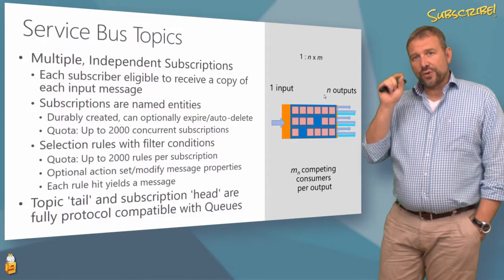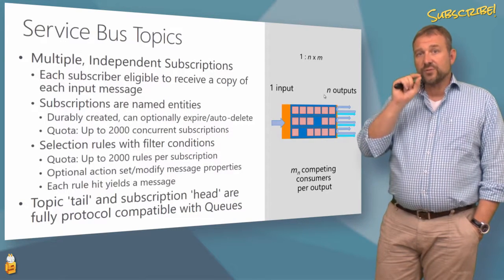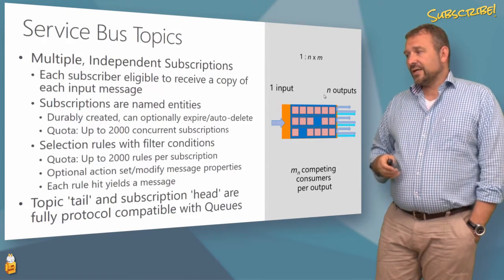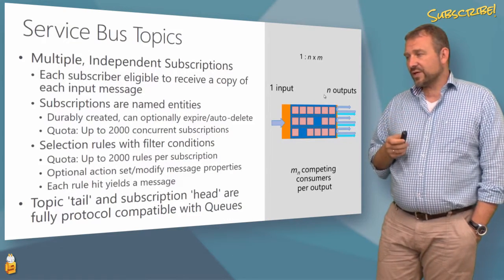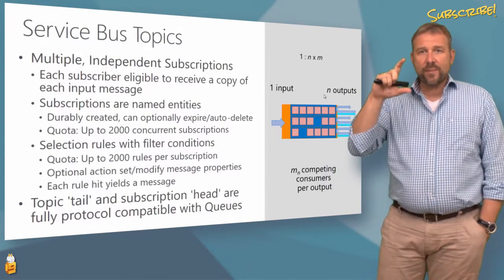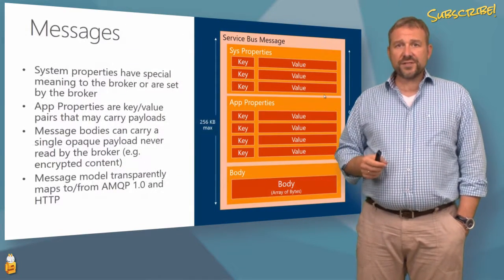You can have up to 2,000 subscriptions on a singular topic, and you can actually have up to 2,000 of these filter rules per subscription, through which you can make decisions of whether you want to have your messages. The subscription rules can decide based on the message properties. The message properties are part of the message.